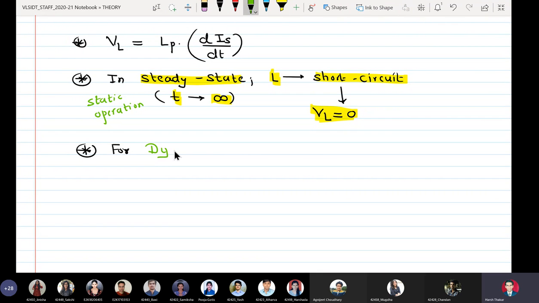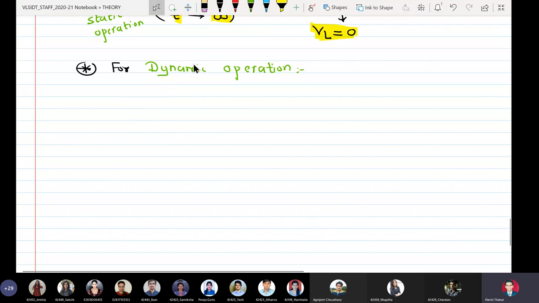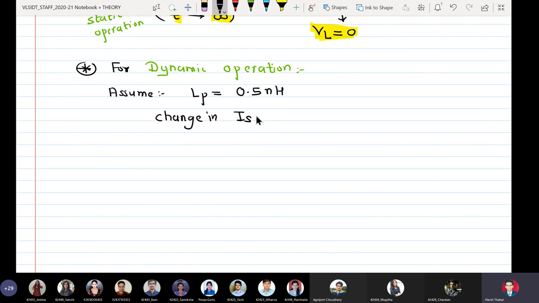For dynamic operation, assume the package inductance is equal to 0.5 nanohenries, and change in IS is 1 ampere per nanosecond.